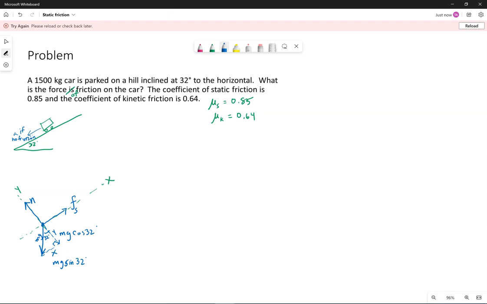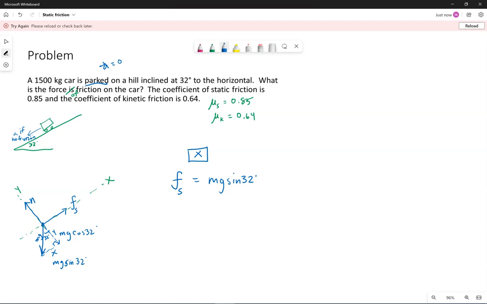So we know the car is parked. We know the acceleration in both the x and y directions will be 0 in order for the car to stay there. So in the x direction, we have static friction pointing up the incline. We have mg sine 32 pointing down the incline.